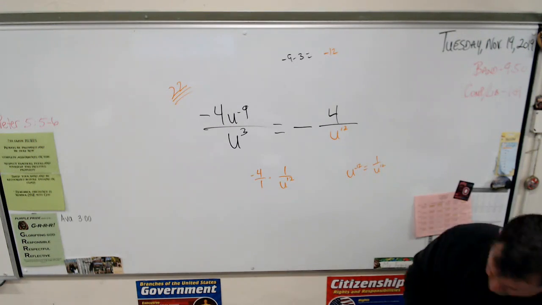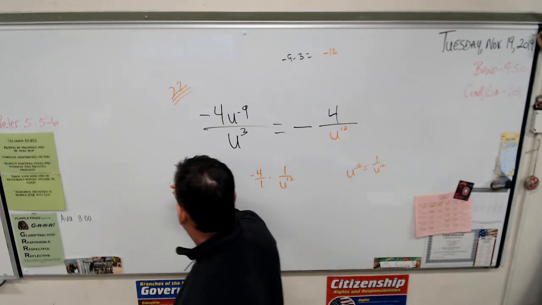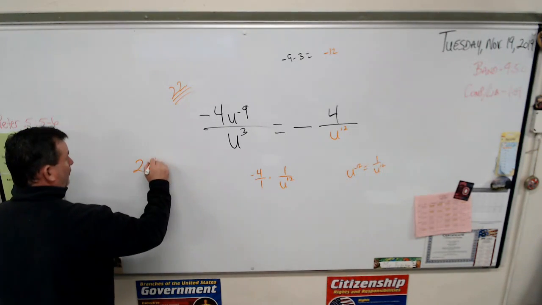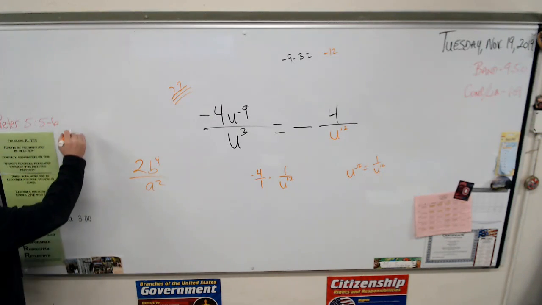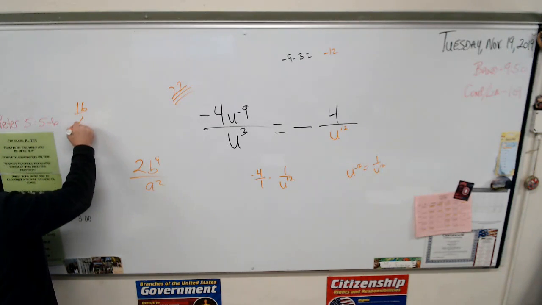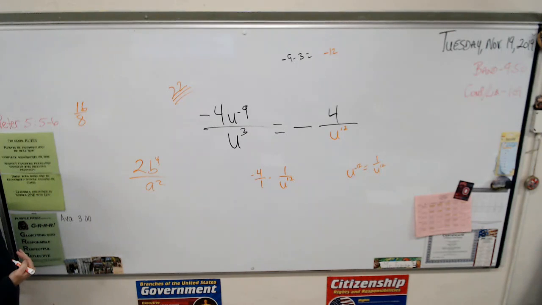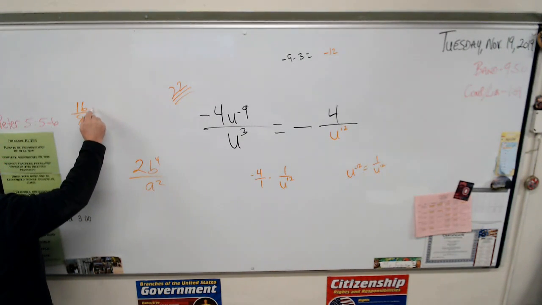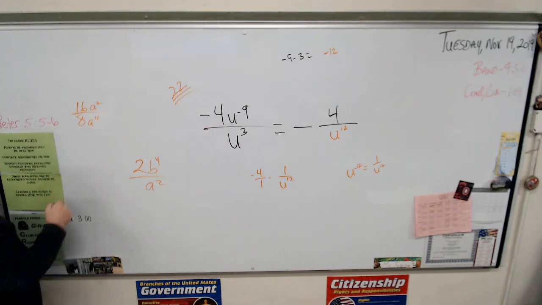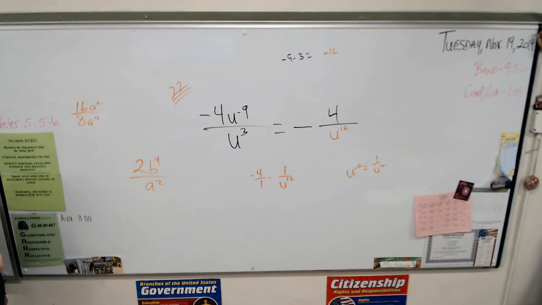So we end up with 2b to the 4th over a squared. Because we started with a 16 and an 8 as far as numbers, right? And up here must have been a to the... is that right? Was it a squared, a to the 4th on the bottom?